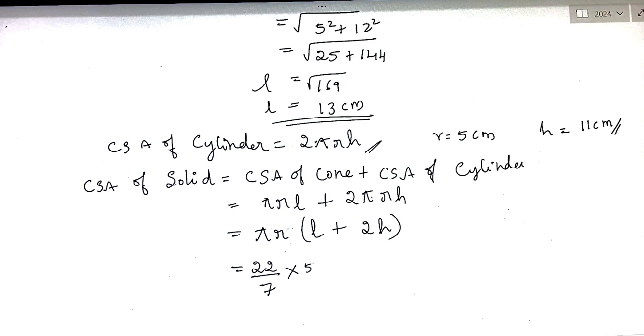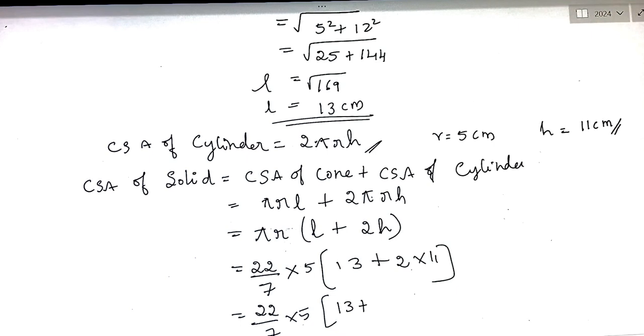So what is r here? 5. Then what is L here? 13 plus 2, and what is h? It is 11. So now I'll simplify it. 22 by 7 into 5 into 13 plus 11 into 2, which is 22.